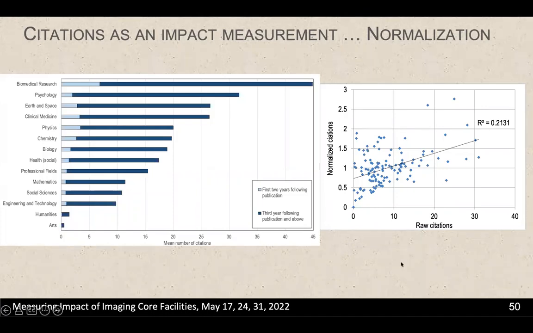There's really no correlation between the two, showing that if you do not normalize and use raw citations, you have a huge bias in giving high impact to numbers of citations that do not relate to the field. So it's very, very important to normalize. There are different ways to do that. I didn't go into that today, but I'll try to put a couple of references for normalization approaches.